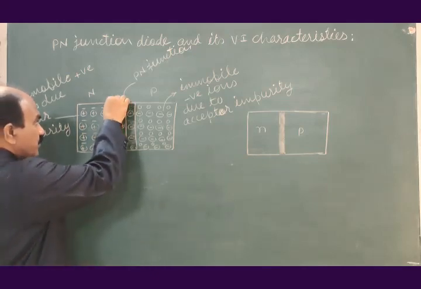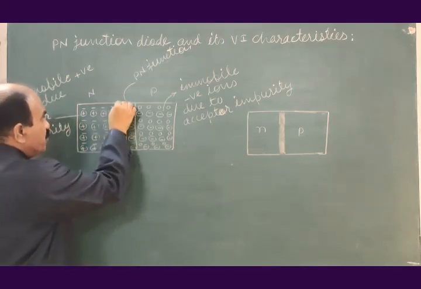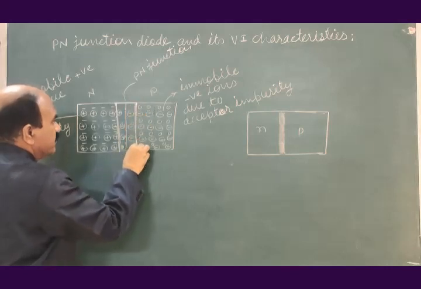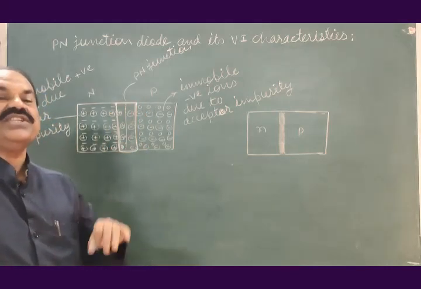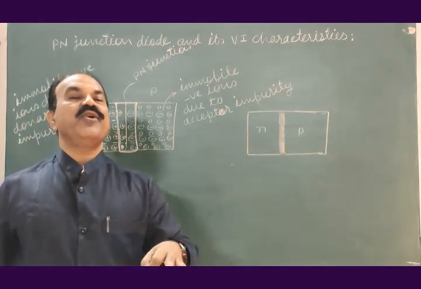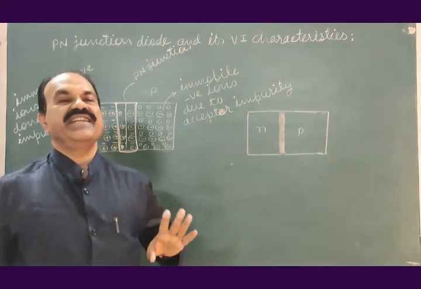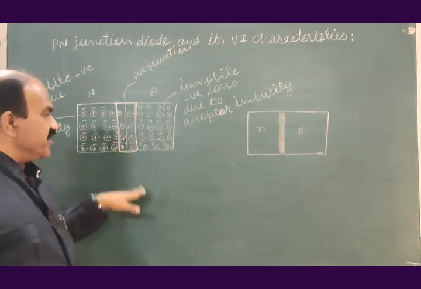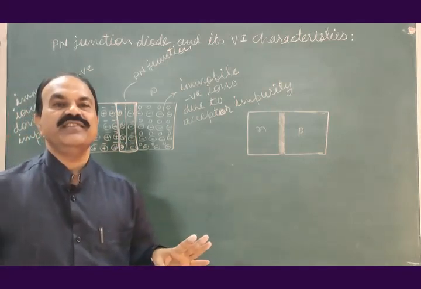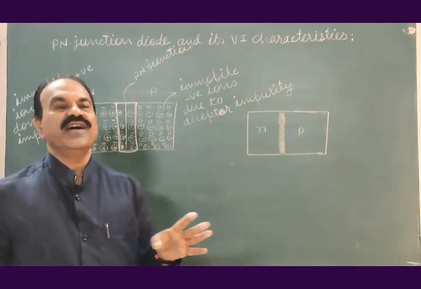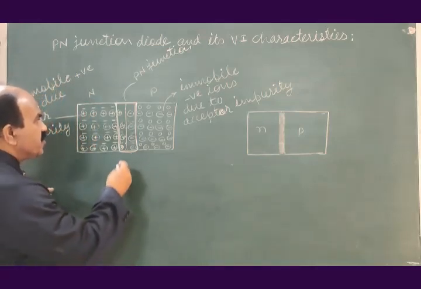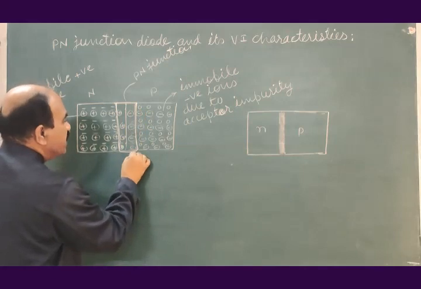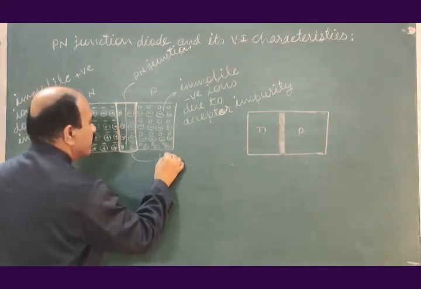And now this portion of the diode is depleted of free charge carriers. This region does not have free electrons or free holes. This region is known as the depletion region.